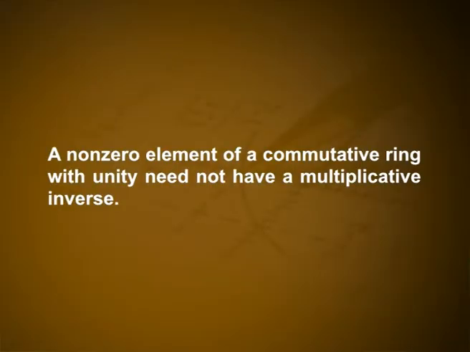When a ring other than the set {0} has an identity under multiplication, we say that the ring has a unity or identity. A non-zero element of a commutative ring with unity need not have a multiplicative inverse. When it does, we say it is a unit of the ring. Thus, a is a unit if a inverse exists.